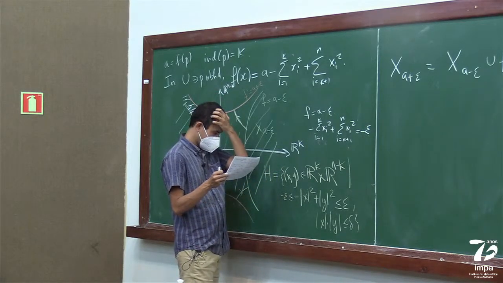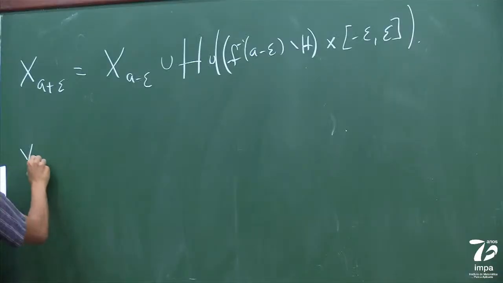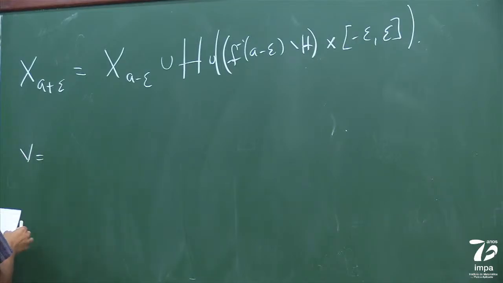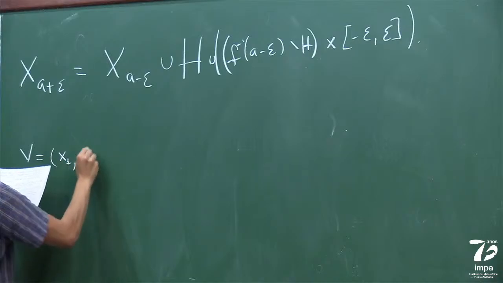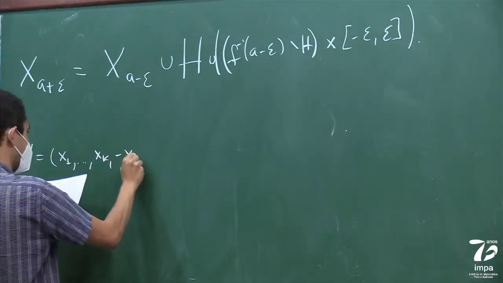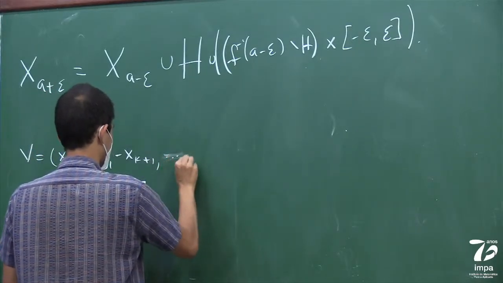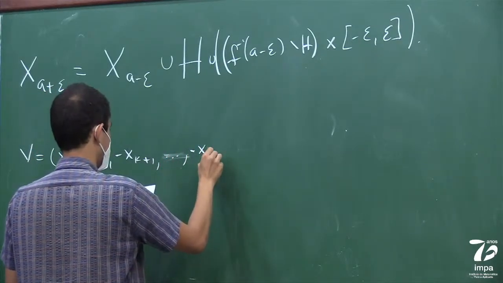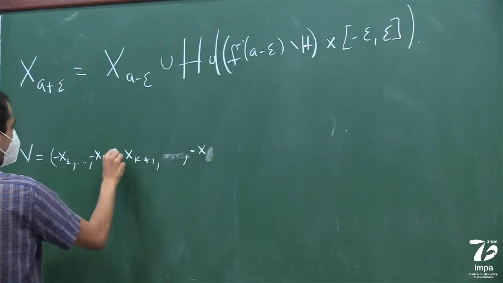did I write this down? I think I did. Yeah, so you can choose a vector field given like this: x_1, ..., x_k, and then minus x_{k+1}, ..., minus x_n. I think the minus is here, and the plus is here.